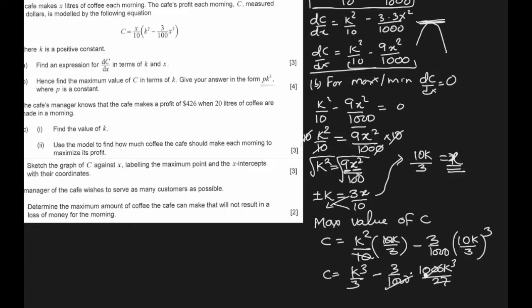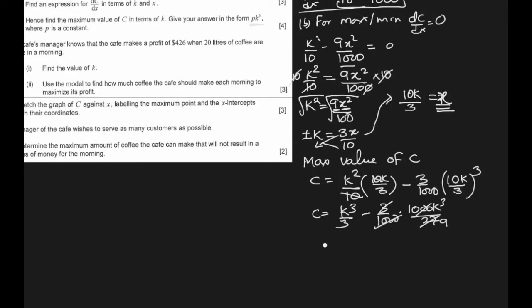So this and this cancel out. 3 and 27 will also cancel out. So what are we left with? k cube over 3 minus k cube over 9. Let's multiply this by 3 so that we get the same denominator. So 3 minus 1, 2k cube over 9. And they wanted pk cube. This is the format they wanted, and we got p equal to 2 over 9.